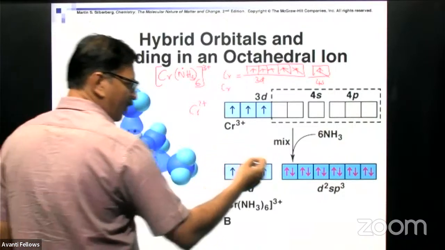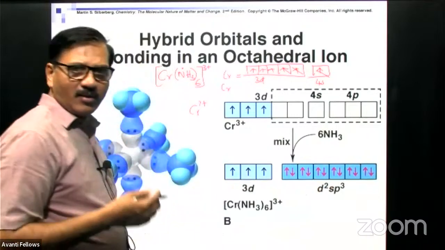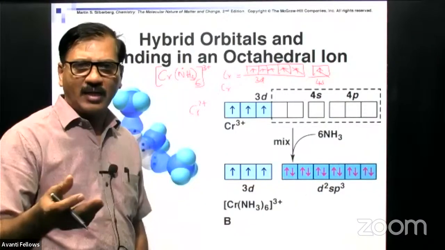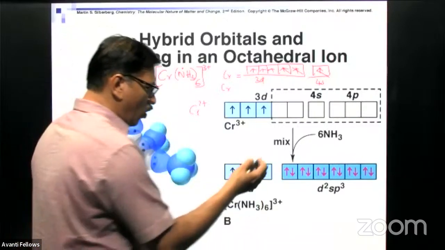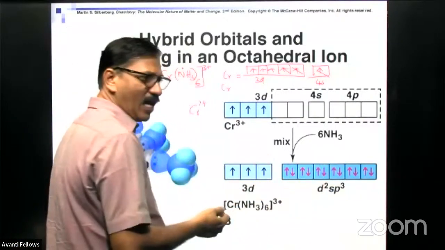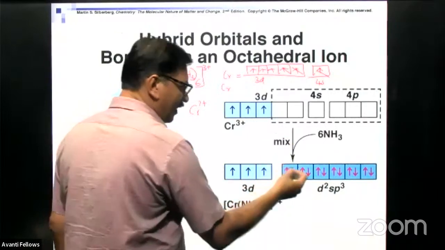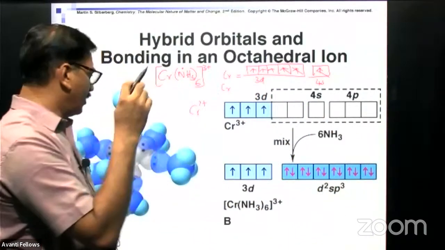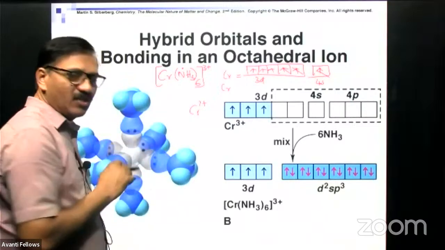Hybridization means intermixing of orbitals to give orbitals of equal energy. All these 6 orbitals have the same energy and they accommodate 6 pairs of electrons, one pair donated by each ligand.